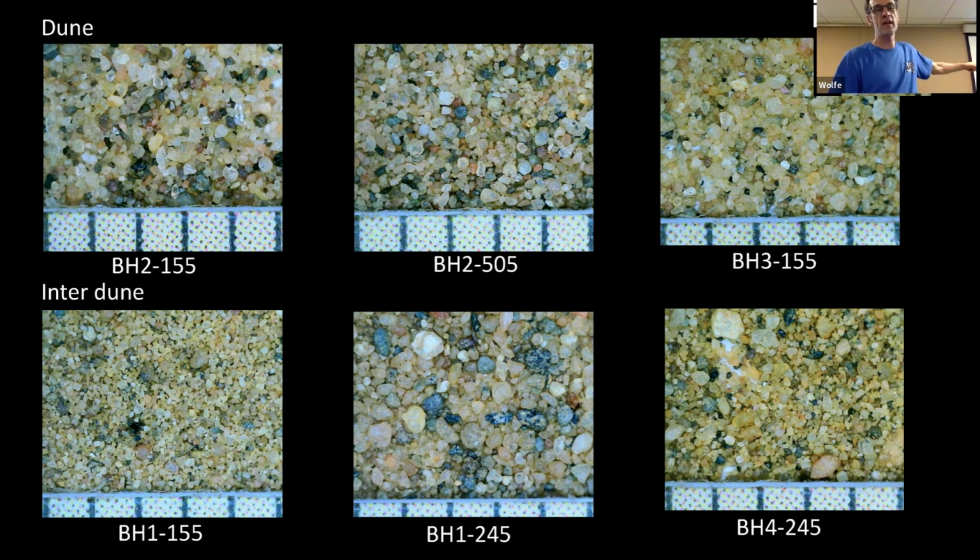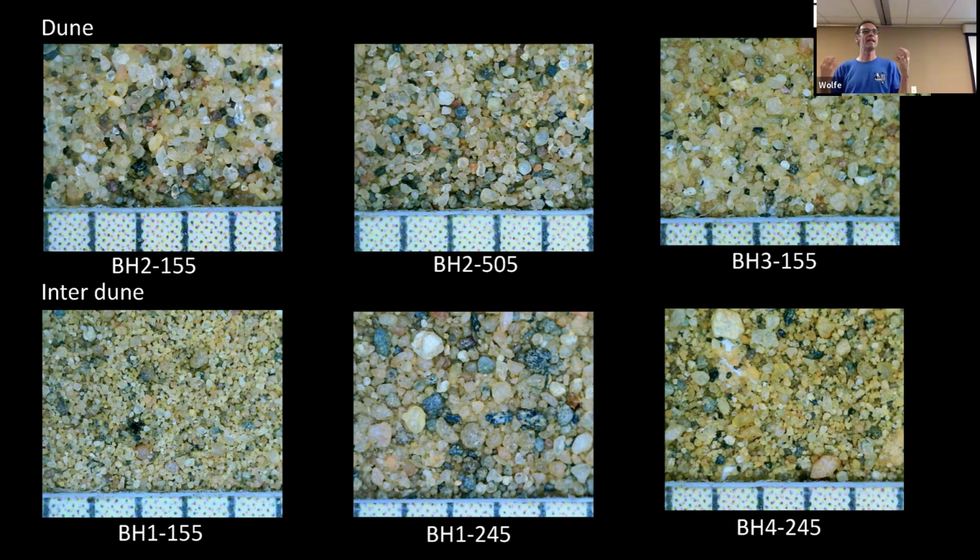These numbers that you see, 155, 505, 245, that's how deep we were below the surface, right? So in the middle one at the top, PH2 505, that's 5 meters, that's got to be 20 feet below the ground.